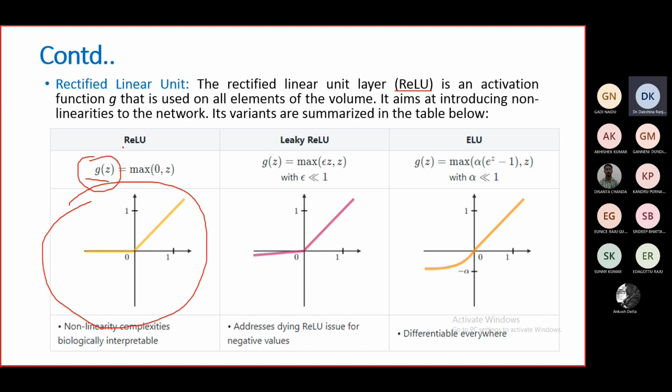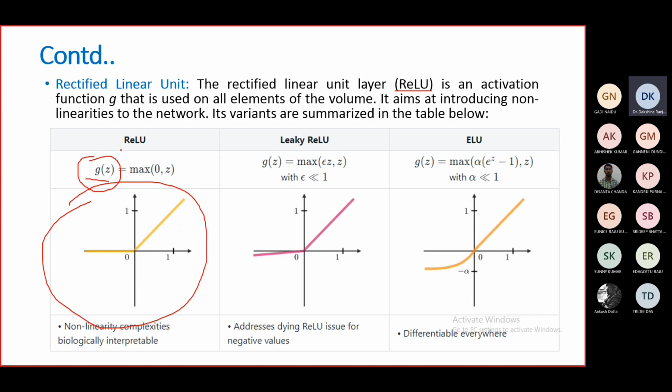So if we get any negative value, it becomes 0. In this case we can get a large number of negative values, and when this large number of negative values become 0, we cannot make the network learn further. So this is the main problem with the ReLU activation function. But the ReLU activation function is differentiable as well as monotonic.